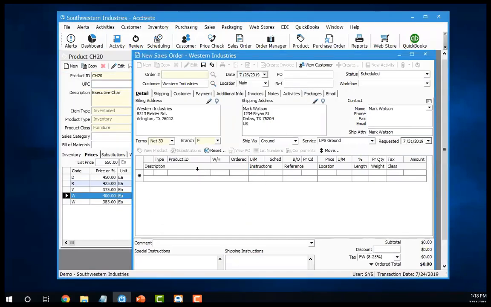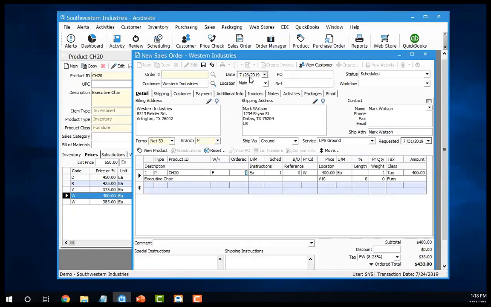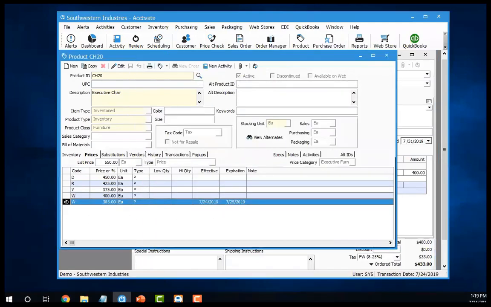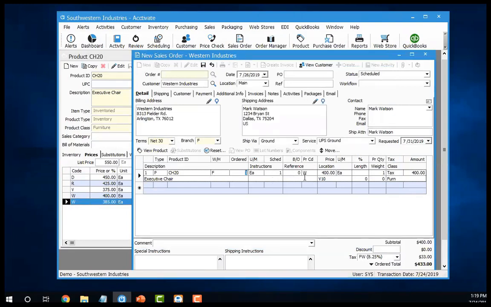There we go, 26th. Because the date here is after the 25th, which is when the 385 price expires, it doesn't use the 385. It goes back to the 400 price. So that's an example of how effective and expiration dates would work in relation to prices.